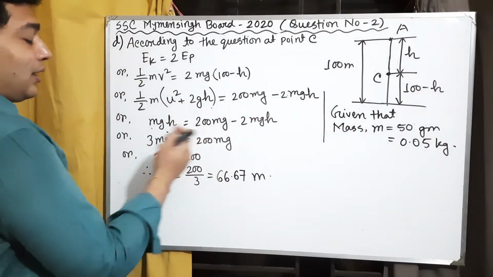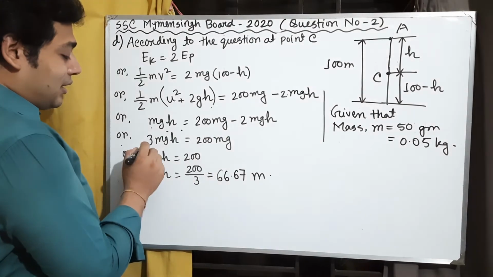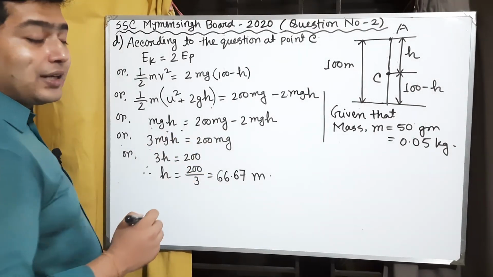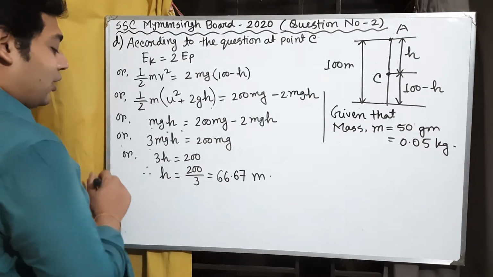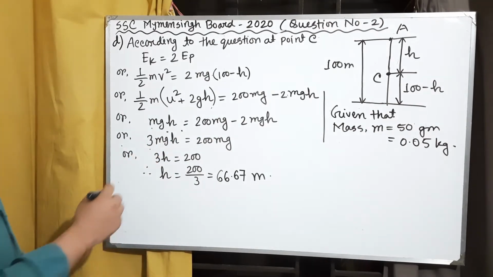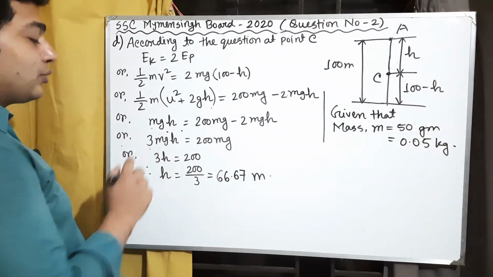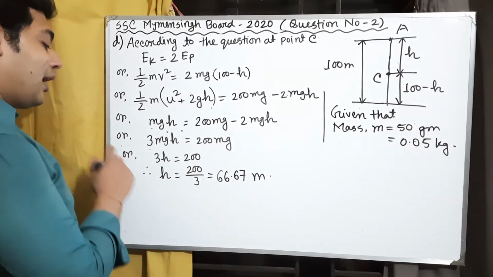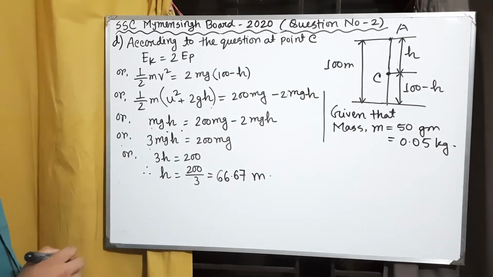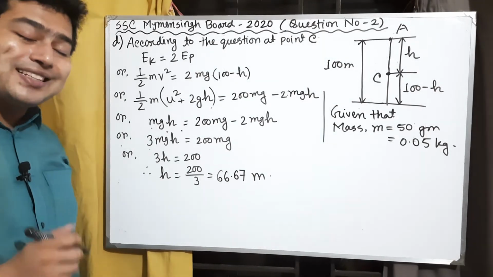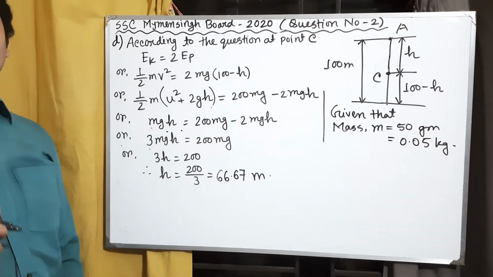So we can write 3 mgh equals 200 mg. The mg cancels, so 3h equals 200, and after calculating we get the height h equal to 66.67 meters.